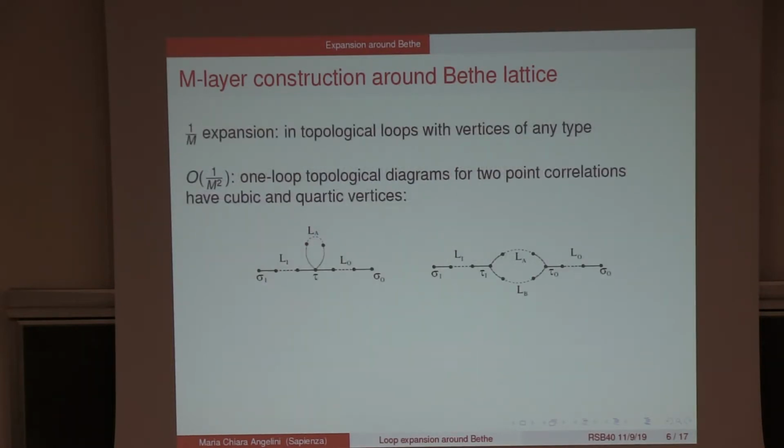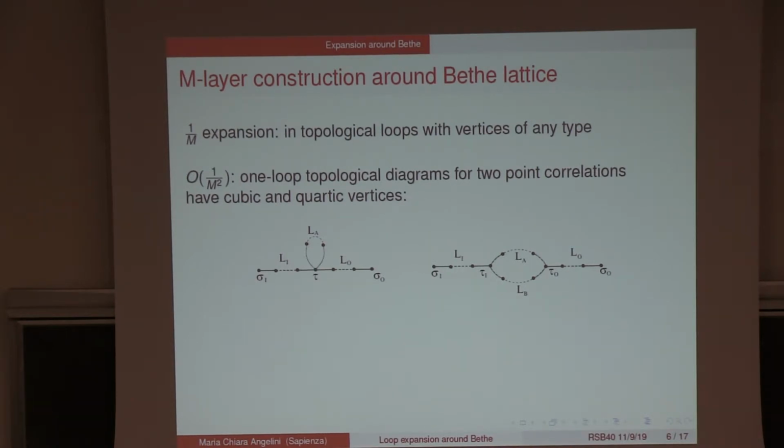So just two remarks. We have seen that the 1 over m expansion is an expansion in the number of topological loops, and we could have vertices of any type. So it's really different from the Landau-Ginzburg theory, because there the vertices were fixed by the theory. For example, for the Ising model, we just have quartic vertices, and the expansion is in the number of vertices.